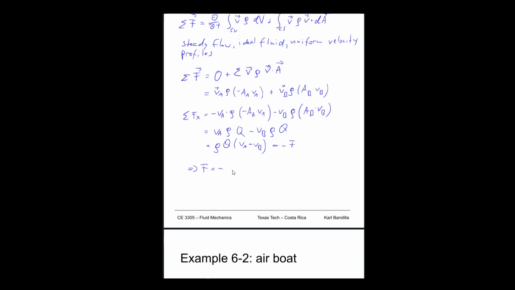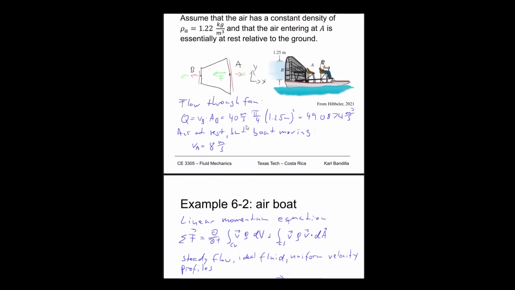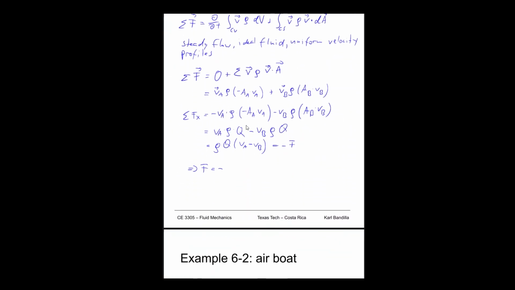So that would be minus rho, which was given to us for air as 1.22 kilograms per cubic meter.